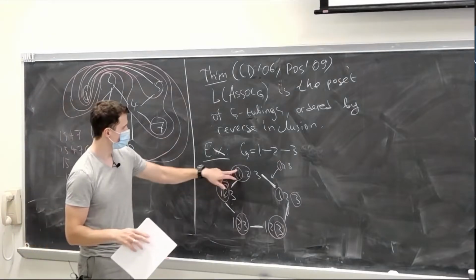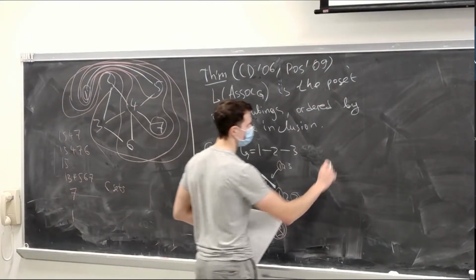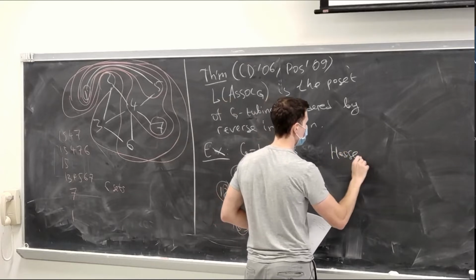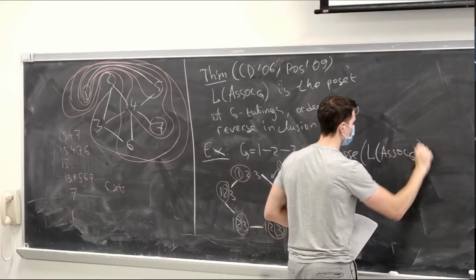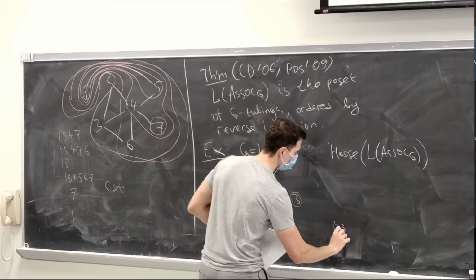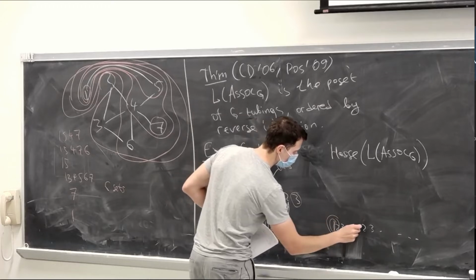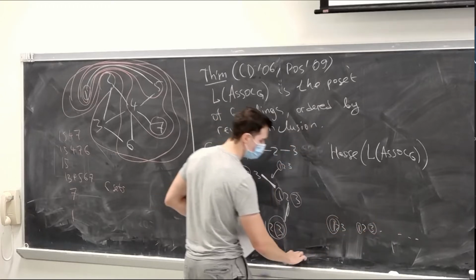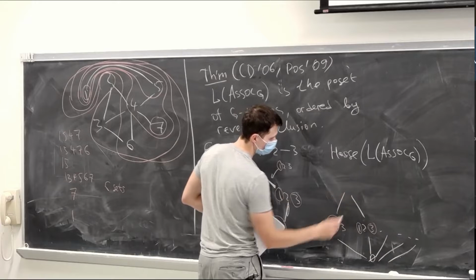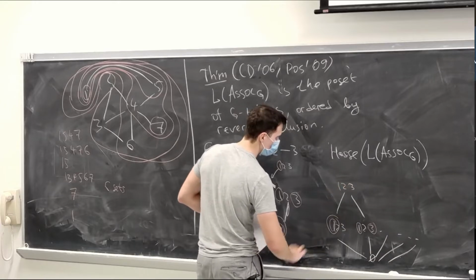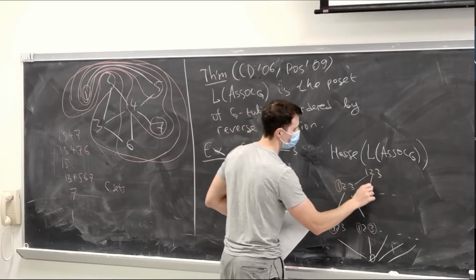Right. So these are all the vertices. In the Hasse diagram of the face lattice of the associahedron, these would be the minimal elements, so it would have all these 5 things. 1, 2, and then 1 and 3, etc. These are the minimal elements which cover the empty face, and then these 2 are covered by this tubing, etc. And on top, I just have the empty tubing.